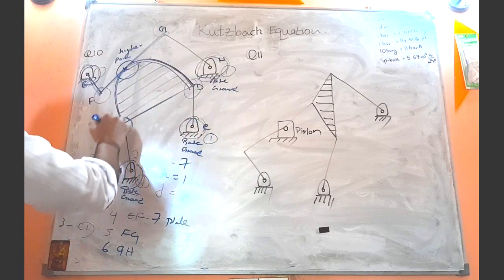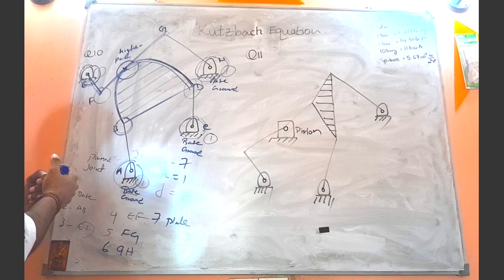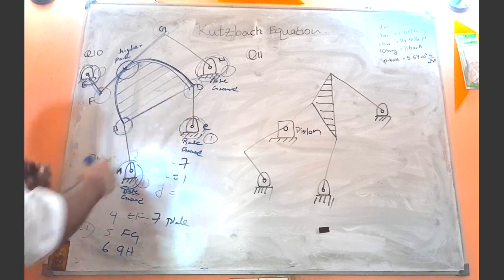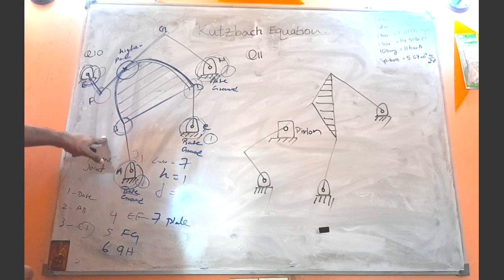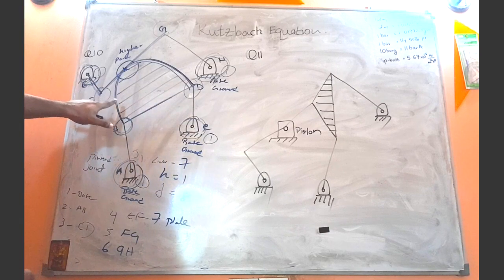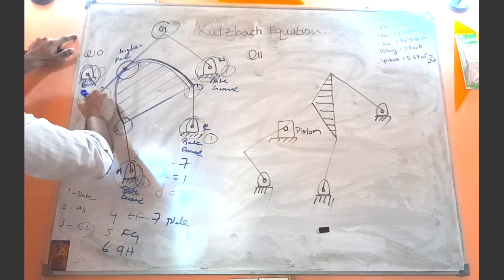Joint 5 is the joint based upon how this link AB is connected to the plate, right? So that is joint number 5, right? And this is joint number 6. Then joint number 7 over here and joint number 8, right?